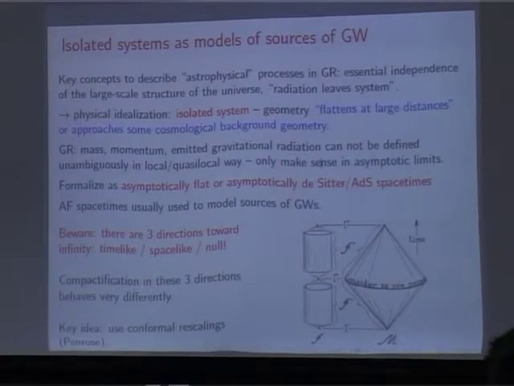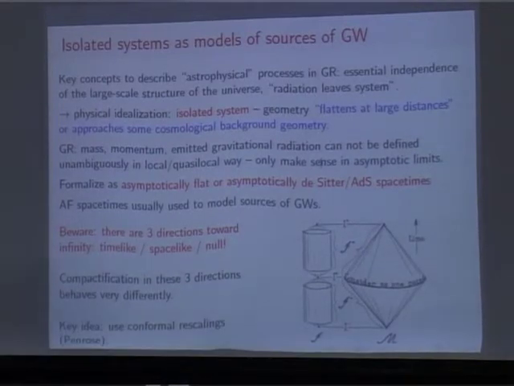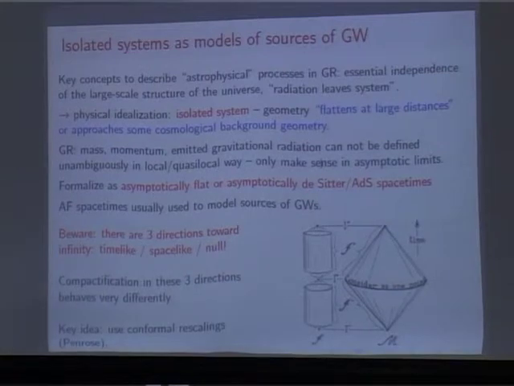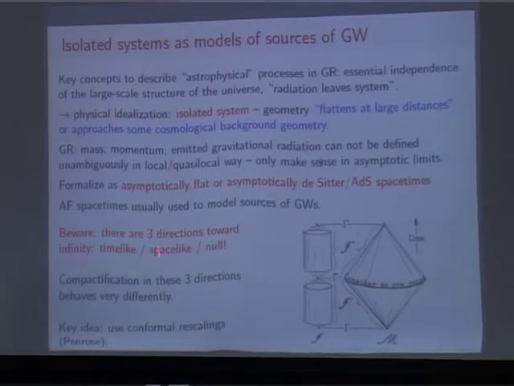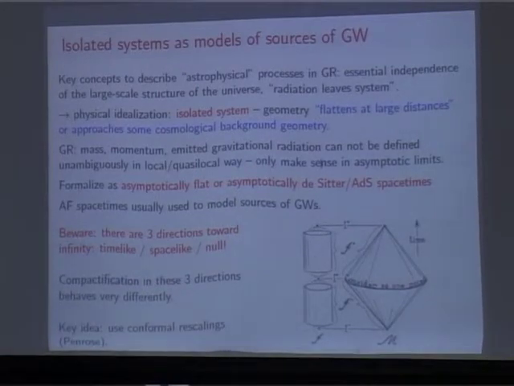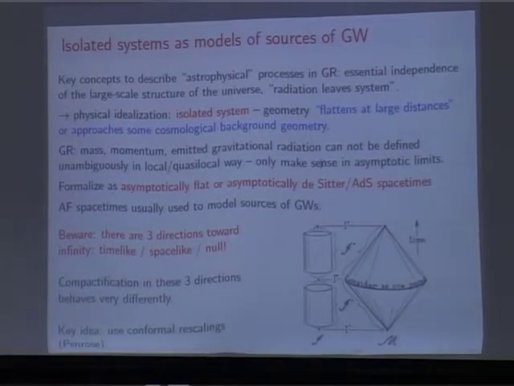Or we can go away on a null direction, following a light ray to infinite distance. And of course, this is the most interesting one, because we, as astronomers and observers, observe astrophysical systems through their photons or gravitational waves, which come to us via null rays. So this is the interesting direction.